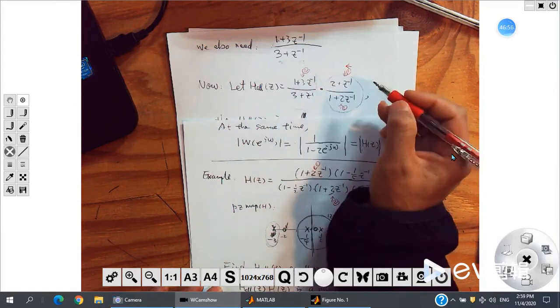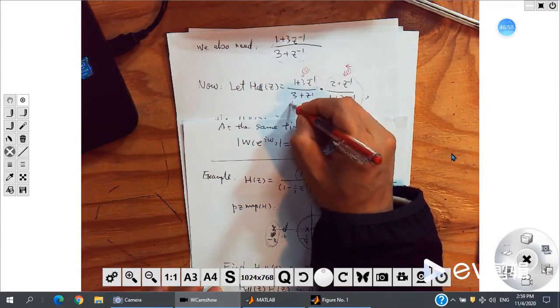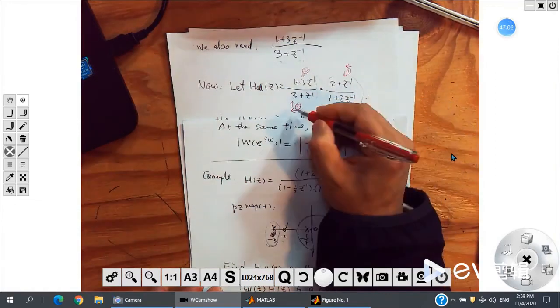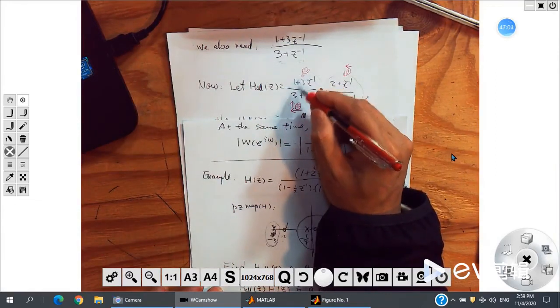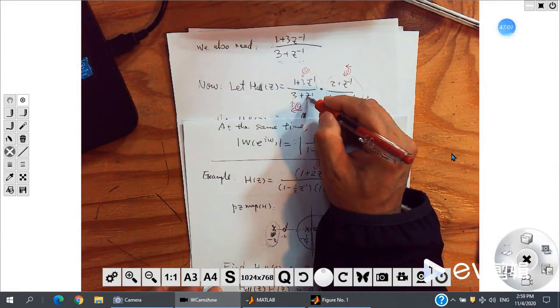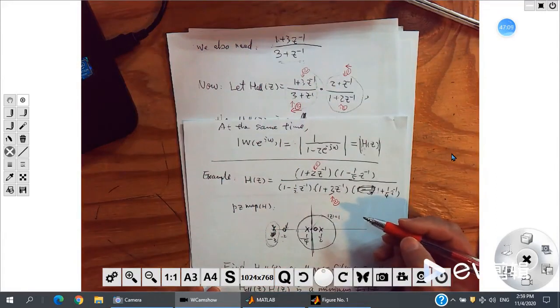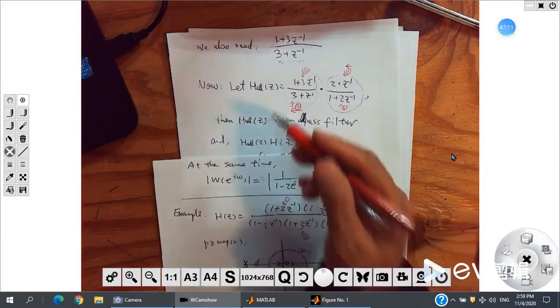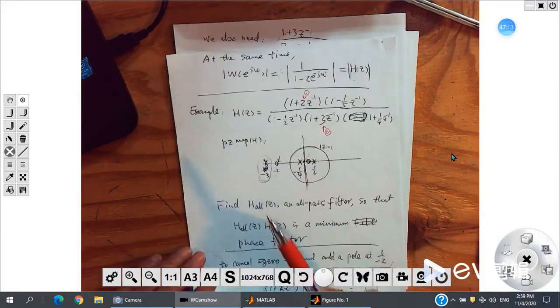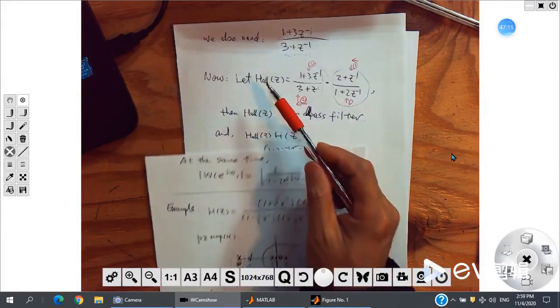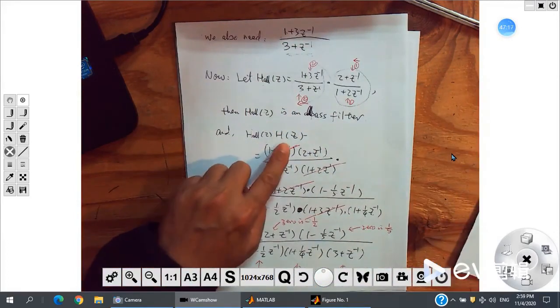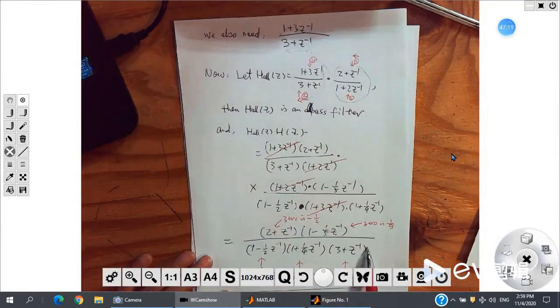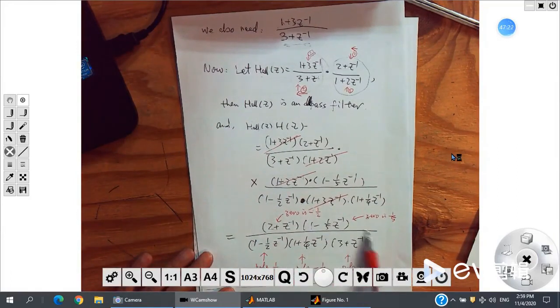This is the same two terms with a different order. You move 3 in the front and 1 in the back. Then you get this one. Then you have your H, then times HR with H together. Then you have a final answer. This final answer will be a minimal phase system.